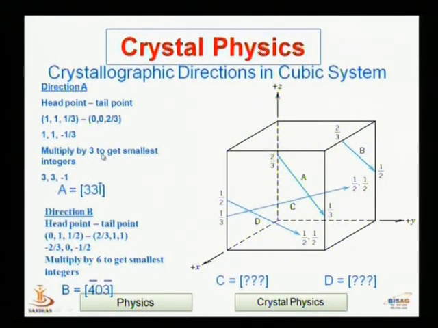Convert this into integers, so this becomes 3 3 minus 1. Write this in square brackets, so this becomes [3 3 1 bar]. So this vector A has direction [3 3 1 bar]. A minus number is indicated by a bar.